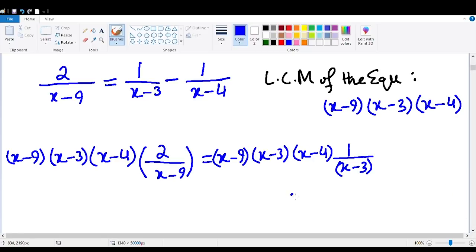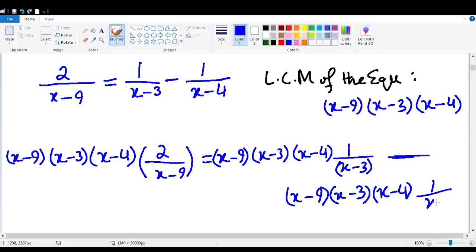As you can see, there's not enough space, so we'll just move down over here. We can write the next part, which will be x minus 9. And there's a minus in the middle, so we'll get x minus 9 into x minus 3 into x minus 4 into 1 over x minus 4.